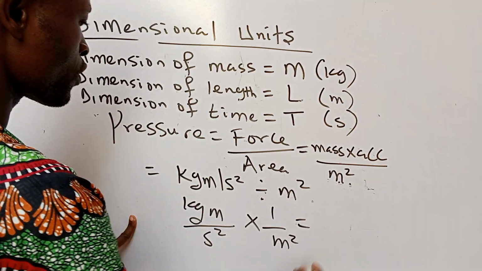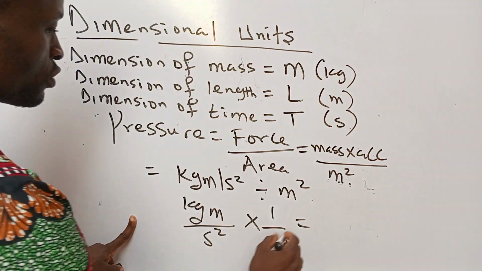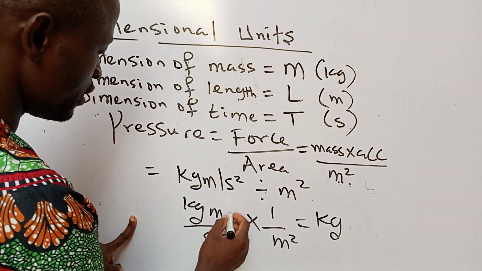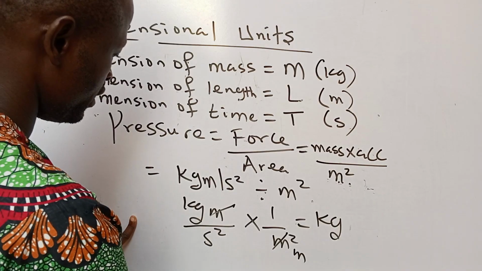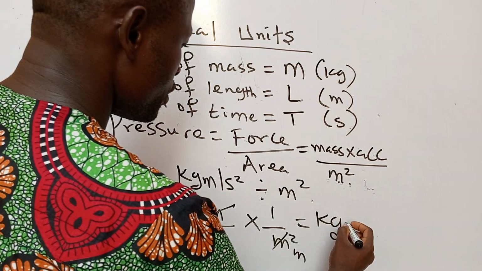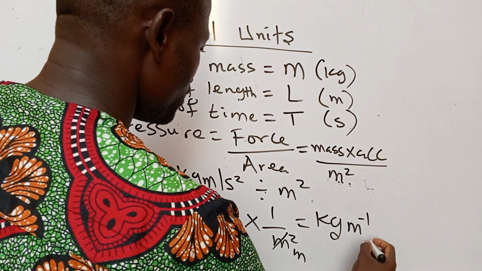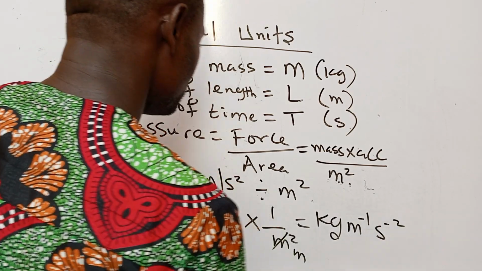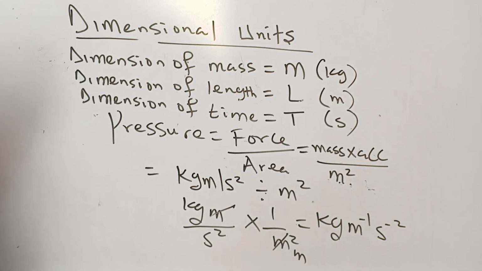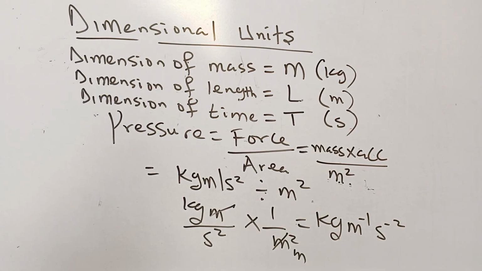Then one meter cancels, remaining kilogram per meter per second square. That will be the derived unit of pressure.